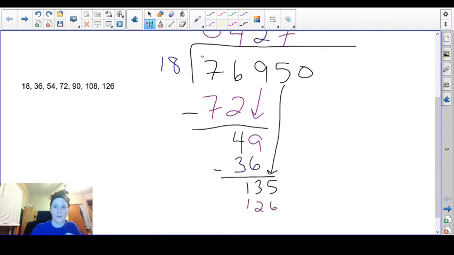We're going to go ahead and do that subtraction again. We are left with 9.